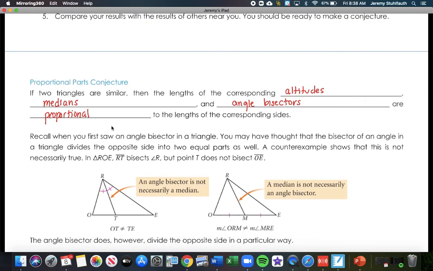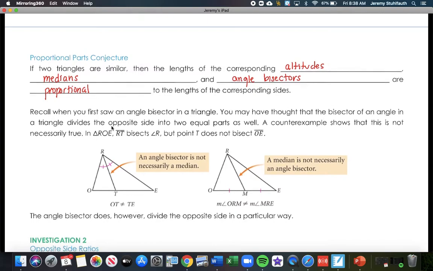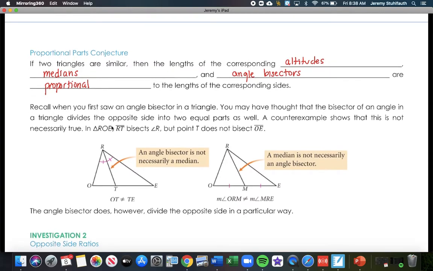Now, what I want you to do is recall that when we first learned about angle bisectors, we may have thought that the angle bisector in a triangle also divided the opposite side into two equal parts. What we saw in our warm-up is that that is not necessarily the case. The angle bisector does not necessarily have to be a median as well.